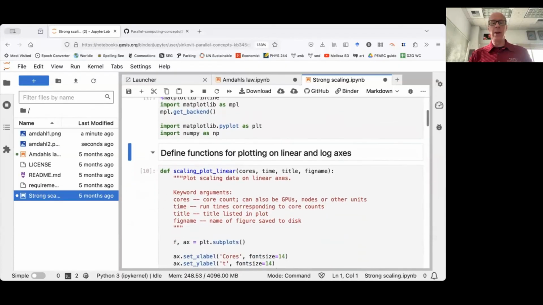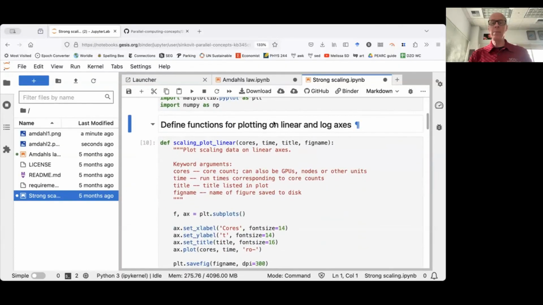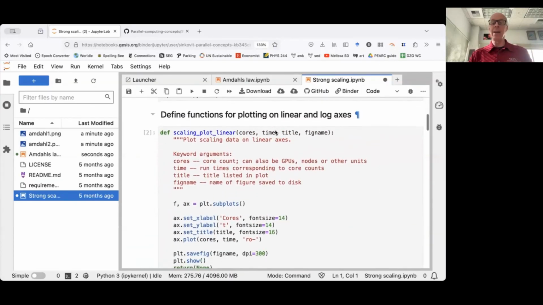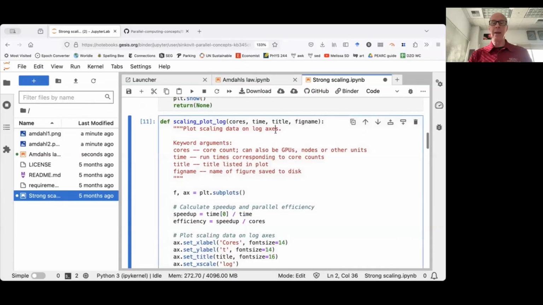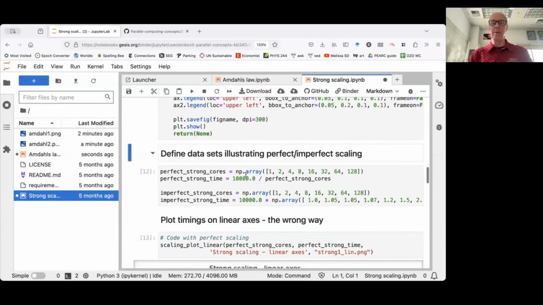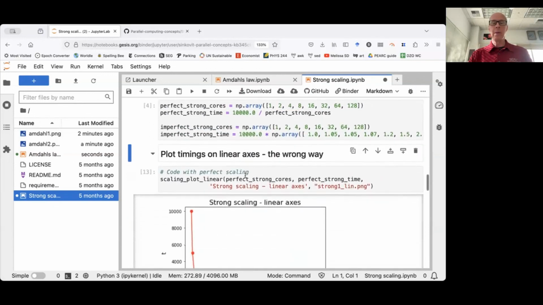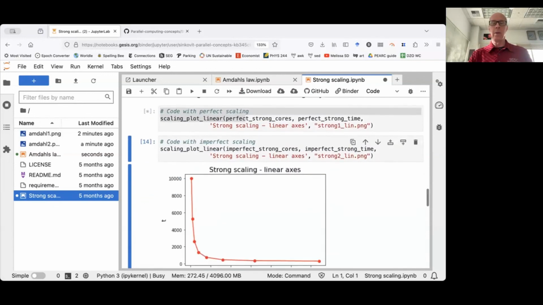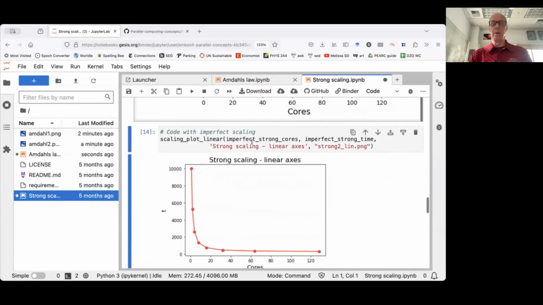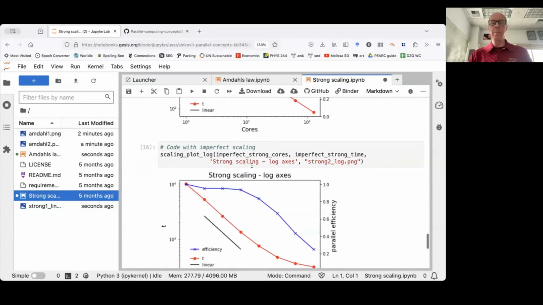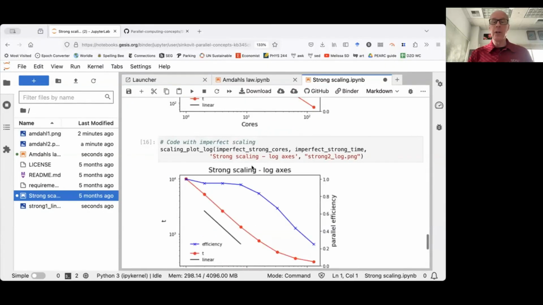So I have all the code here for plotting the scaling data on linear axes and on log axes. And you can actually use this to generate scaling examples that are pretty much ready to go.